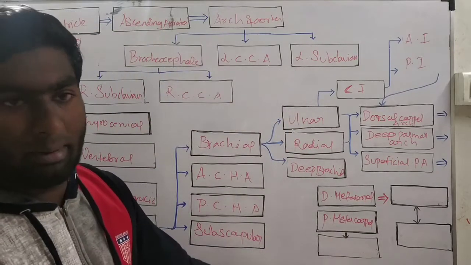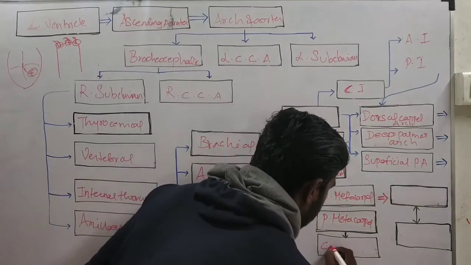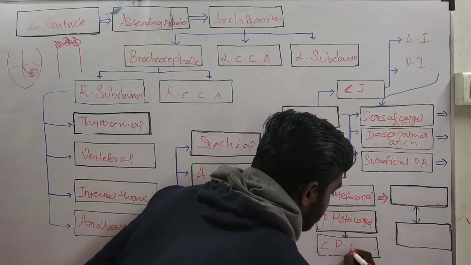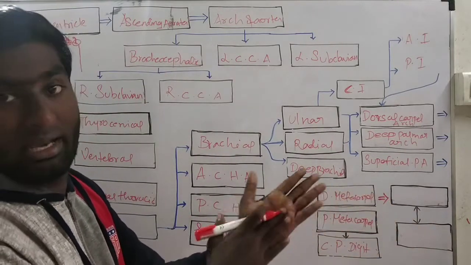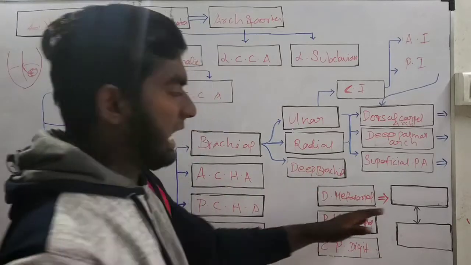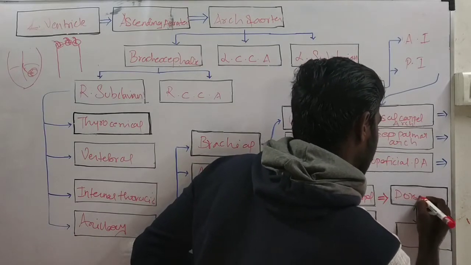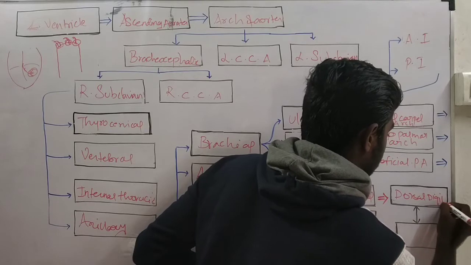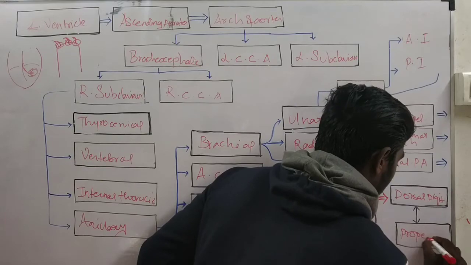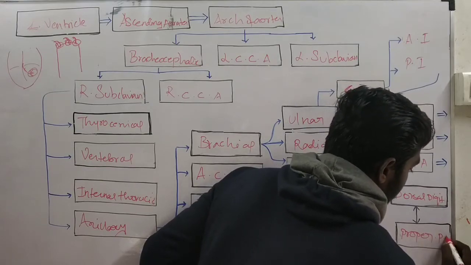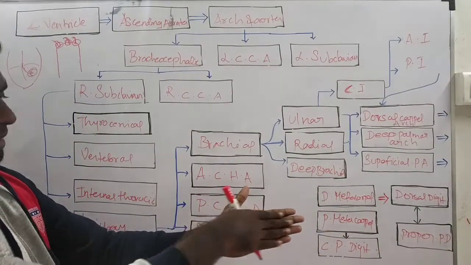Then the superficial palmar arch gives the common palmar digital arteries. Digits are the arteries that move with the digits, the phalanges. The dorsal metacarpal gives the dorsal digital, then the proper palmar digital. So at last the arteries supply the digits.